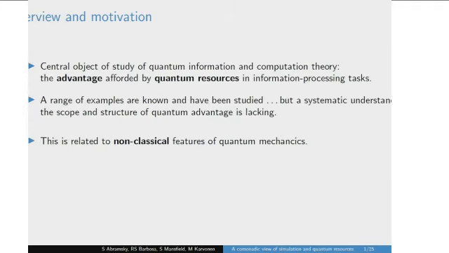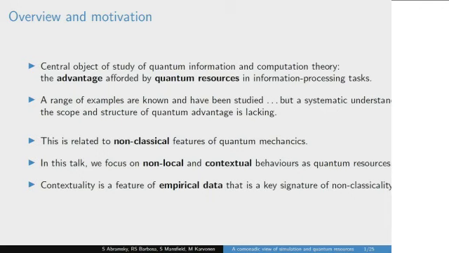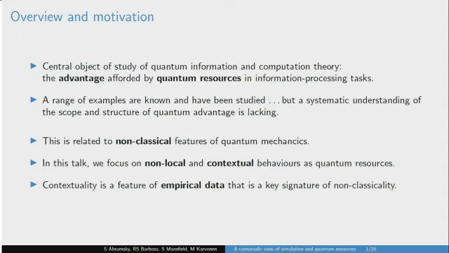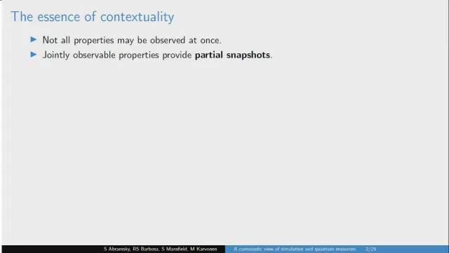Now there are many candidates for this, but the one we're focusing on is non-locality, or more generally, contextuality. So let's explain what contextuality is. In quantum mechanics, the theory doesn't let you do all possible measurements on a system at once. Only certain sets of measurements can be jointly performed.